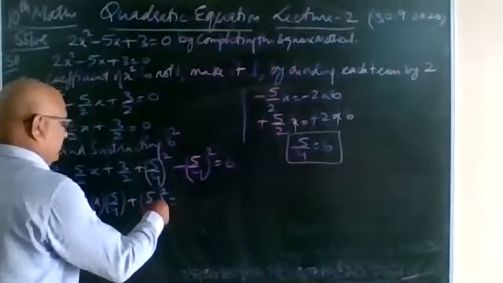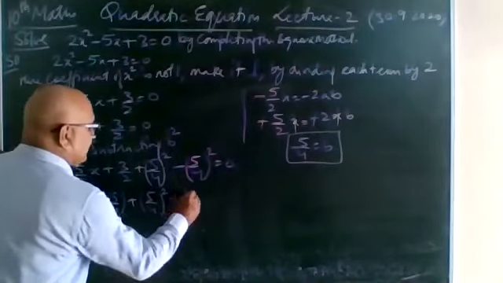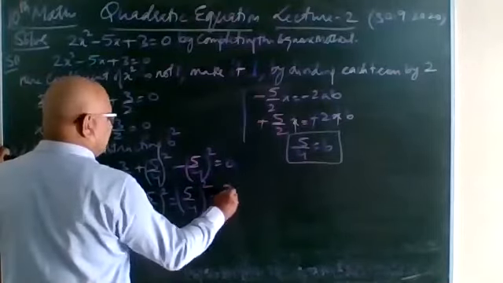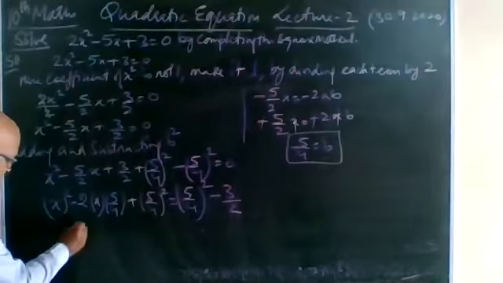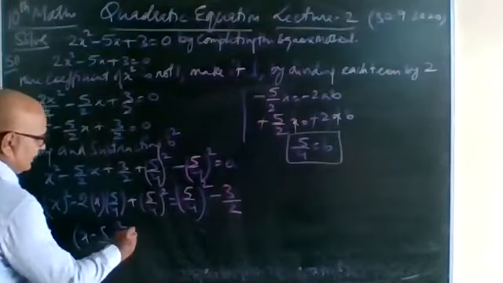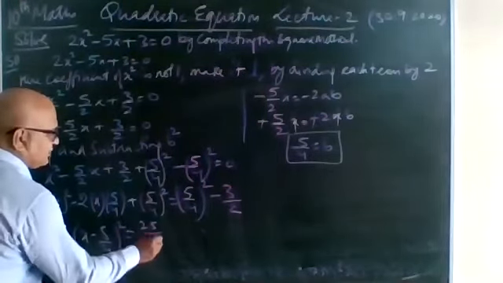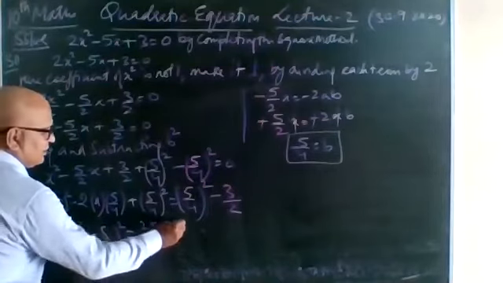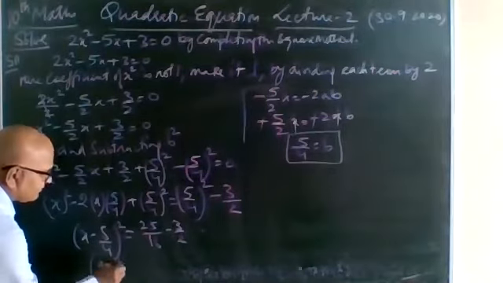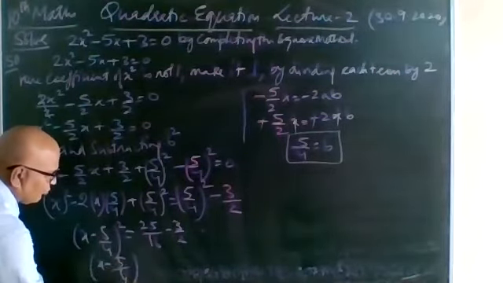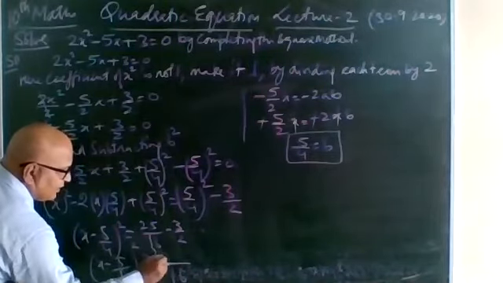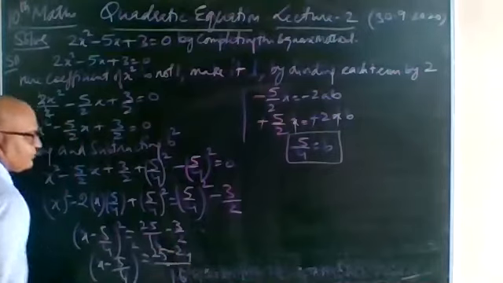Now the term minus 5 by 4 whole square and plus 3 by 2 go to the other side. This is x minus 5 by 4 whole square equal to 25 by 16 minus 3 by 2. After this, with LCM 16, 25 minus 24.